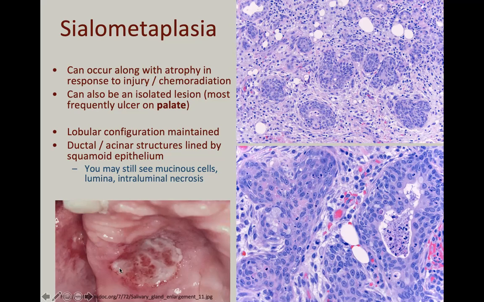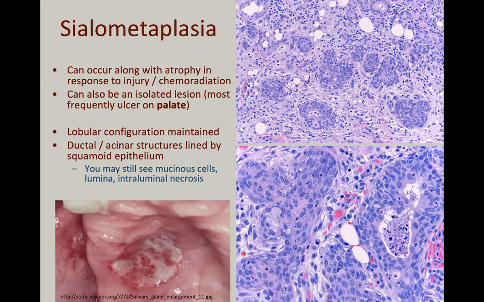Occasionally, it presents as a solitary ulcer on the palate, but you can also see it just sporadically, as I said before, especially in patients who have been chemoradiated for other cancers. And so this could be a potential confounding factor between squamous cell carcinoma and squamous metaplasia, especially in patients who have a history of squamous cell carcinoma.